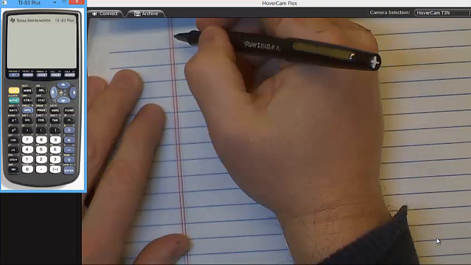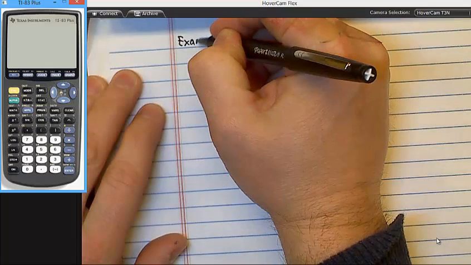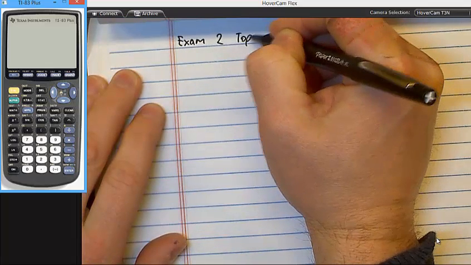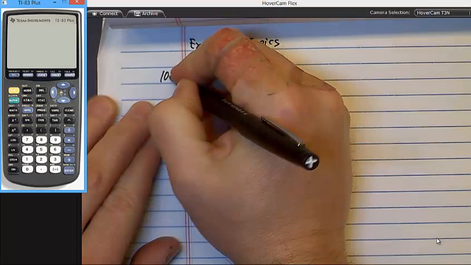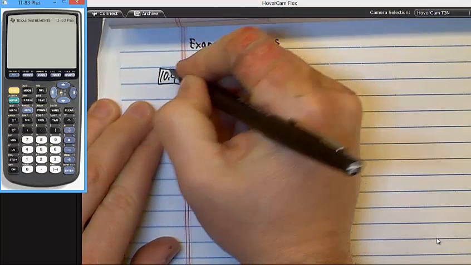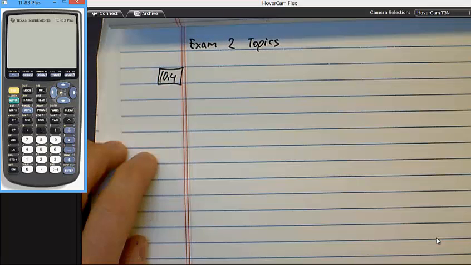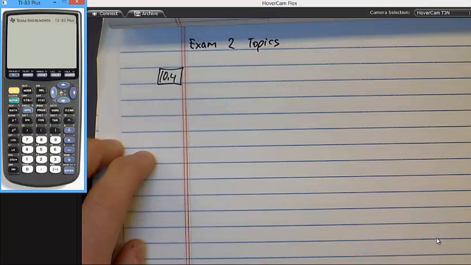Okay, so exam 2 topics. Things we've done since exam 1. So in 10.4, I remember we did the identities with the song. All right, we've done those already.